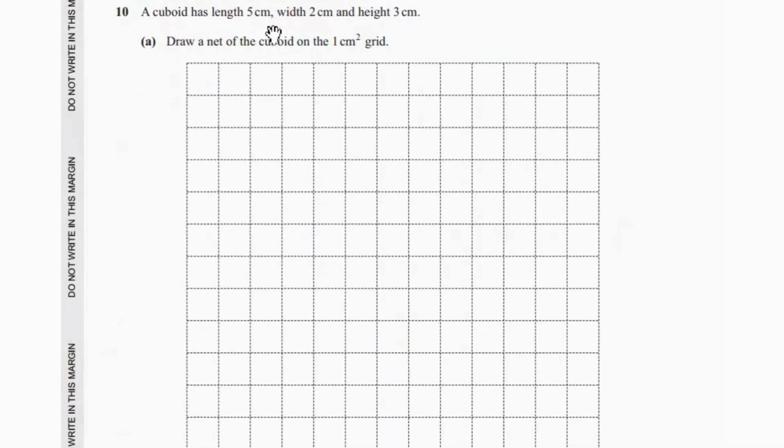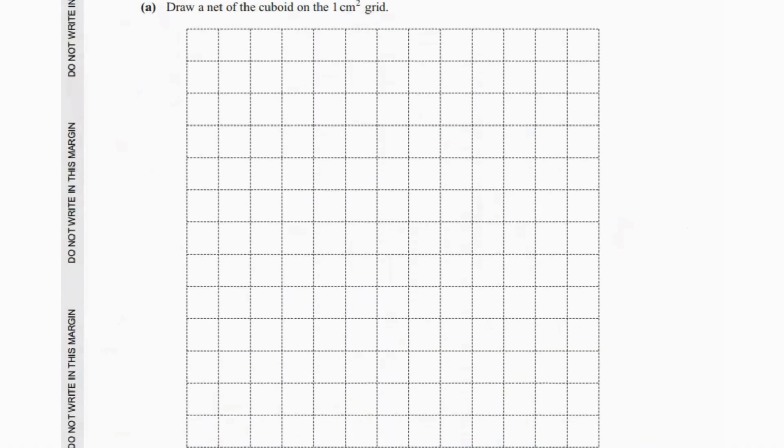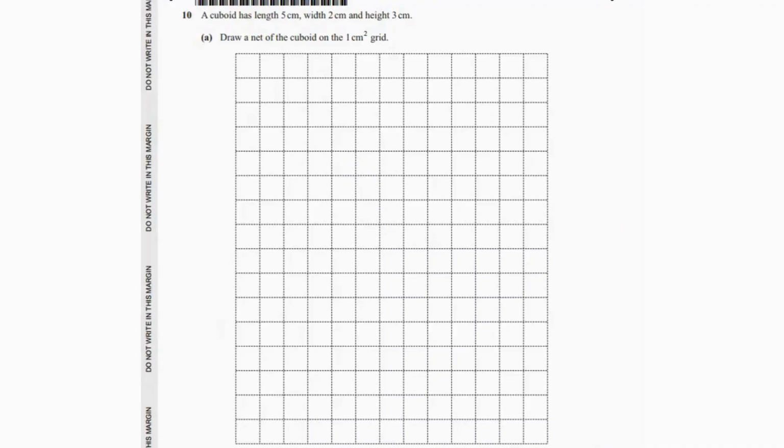Then the cuboid has length 5 centimeters, width 2 centimeters, and height 3 centimeters. Draw a net of the cuboid on the 1 centimeter square grid. So it's 5 by 2 by 3. So we can say that this is the 5 by 2 face.